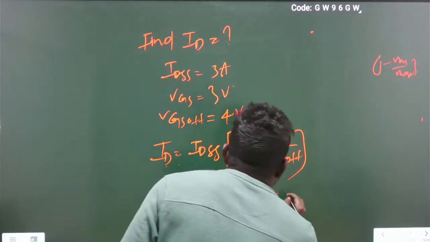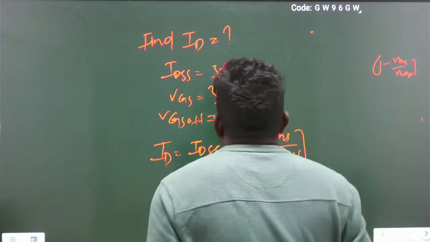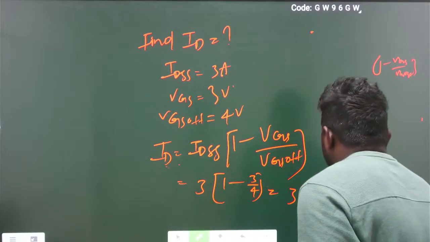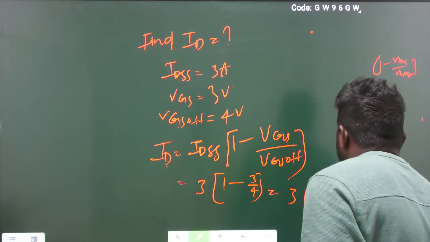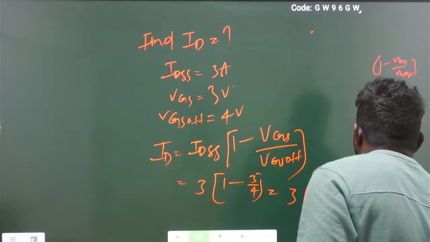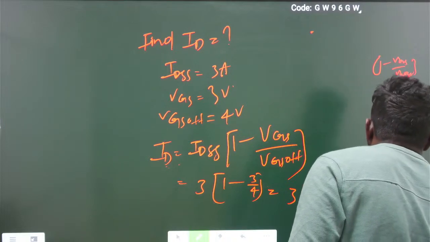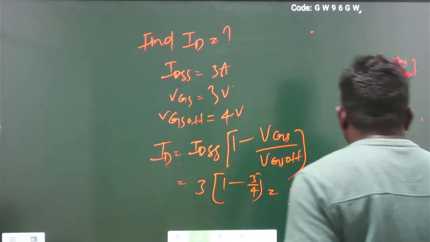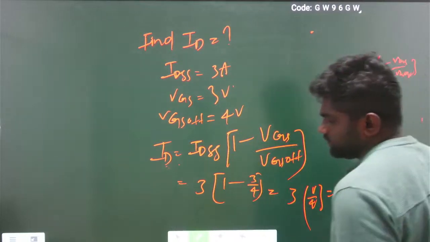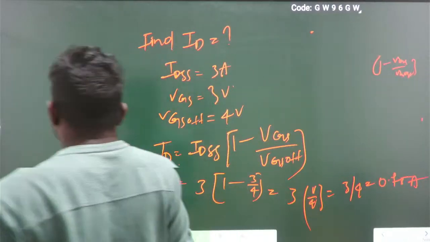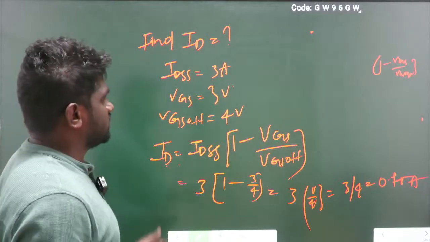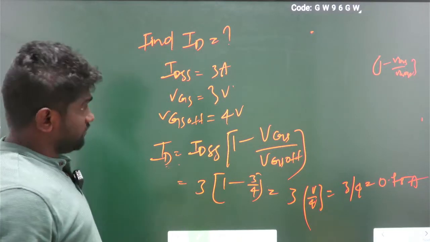That is 3 into (4 minus 3) by 4, which is 1 by 4, so 3 by 4, which means 0.75. What am I finding? Current, so the unit is ampere. This is a problem they may ask in the examination on JFET.